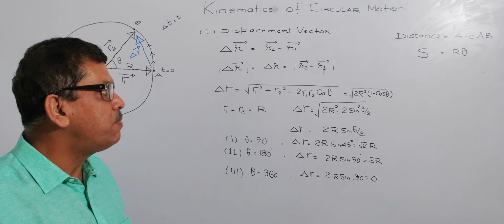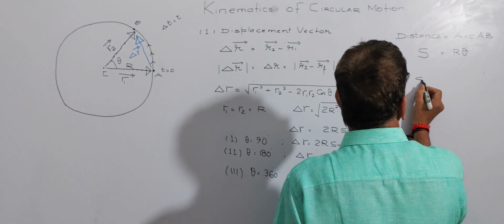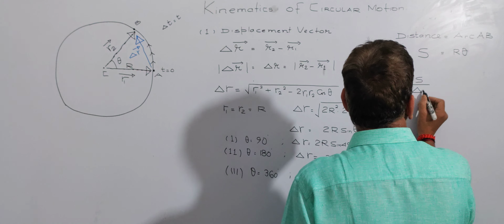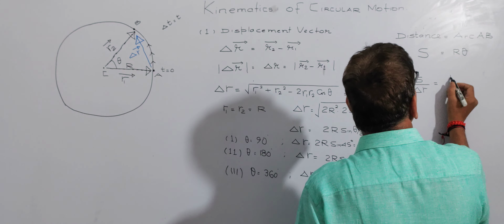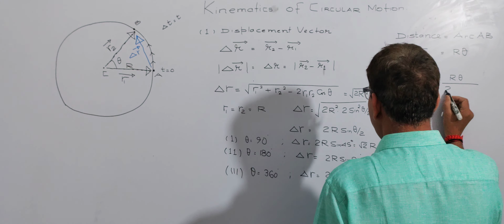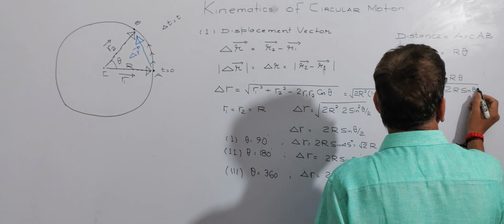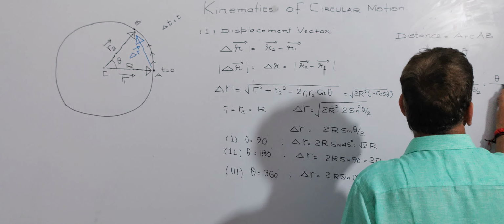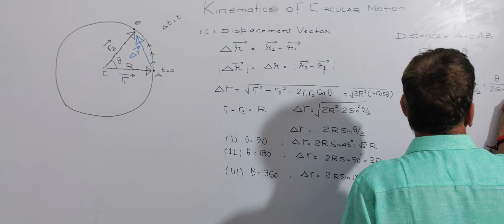Now I can find the ratio of these two. Suppose I want to find the ratio of distance covered to displacement on the circular track. I can write this value as R theta divided by 2r sine of theta by 2. This r gets cancelled, so this is nothing but theta by 2 sine theta by 2.